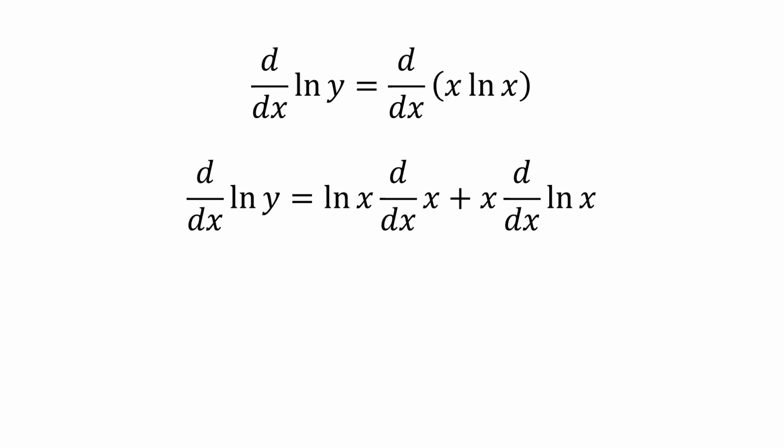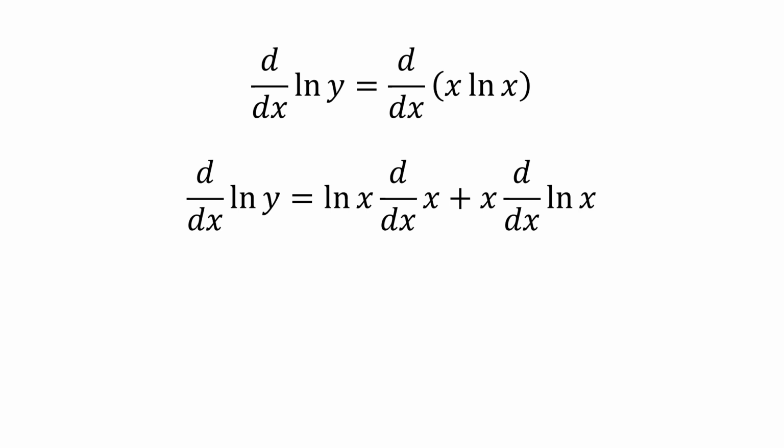To differentiate the function on the left-hand side, we apply the chain rule as well as the formula for the derivative of the natural logarithm. Doing this, we find that the derivative is 1 by y dy by dx.